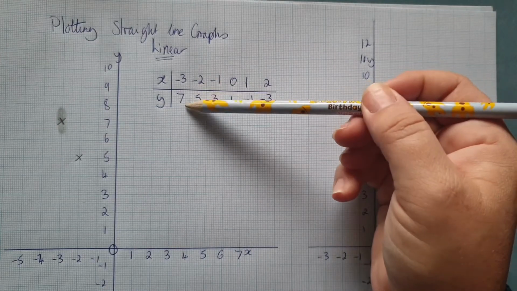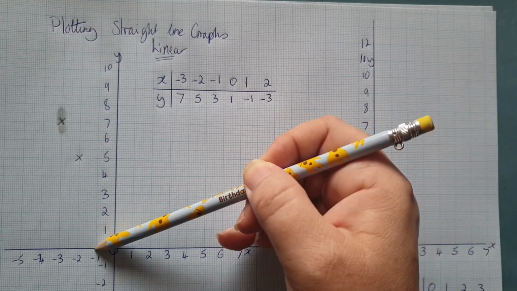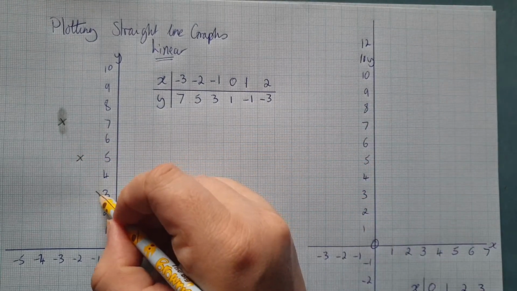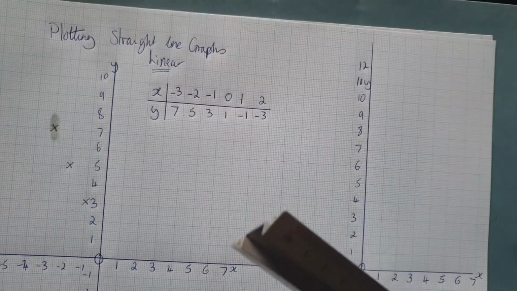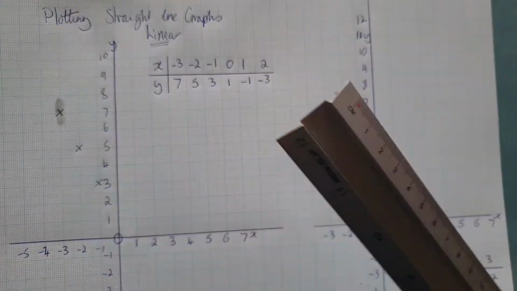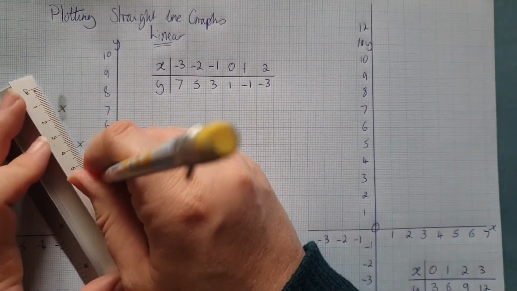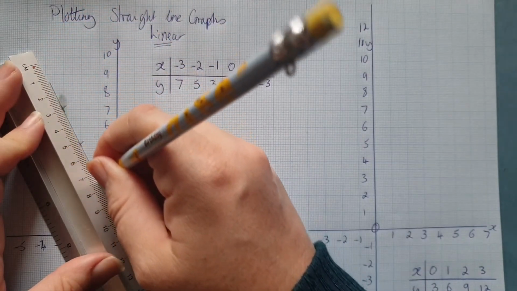Okay, so I've done these two. I'm now going to do this one, -1, 3. And again, plot it nice and neatly. There it is there. Now, because I've already plotted 3 points, I can use my ruler and join these 3 points up with a nice straight line.